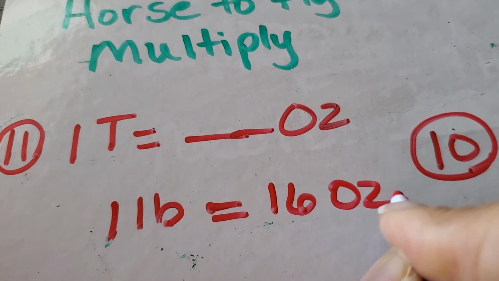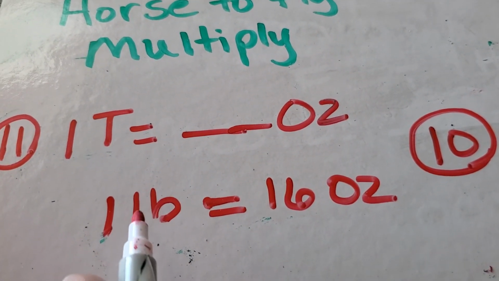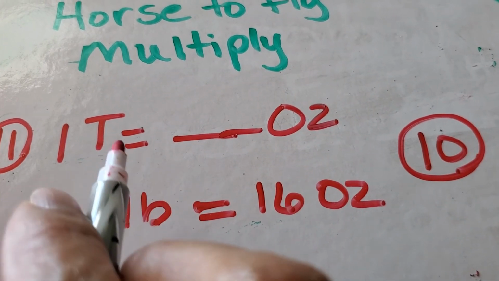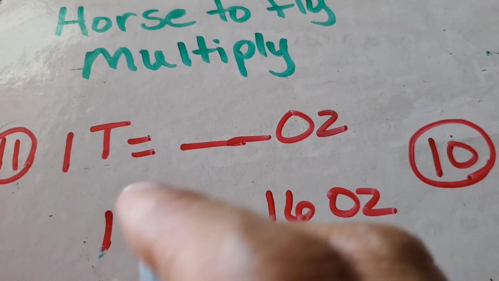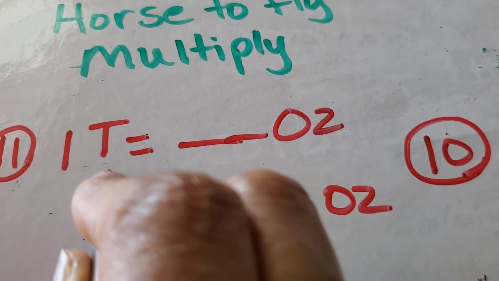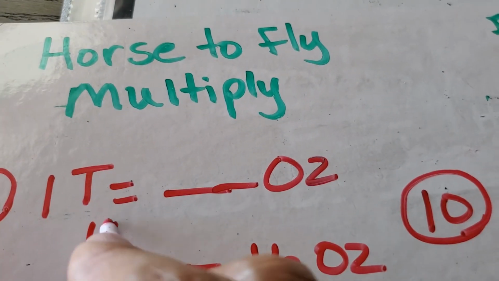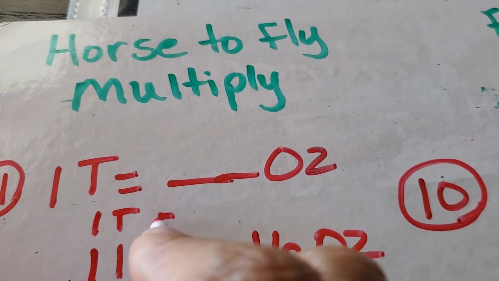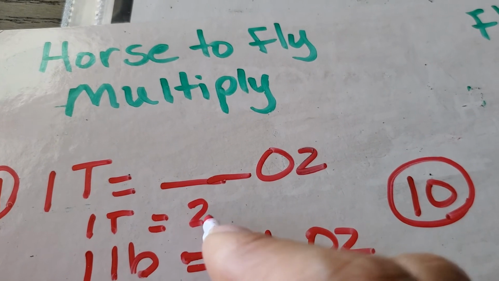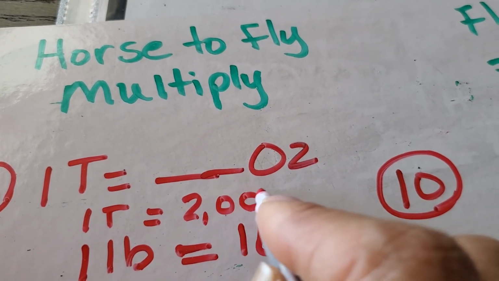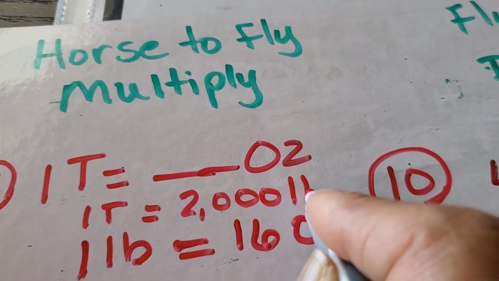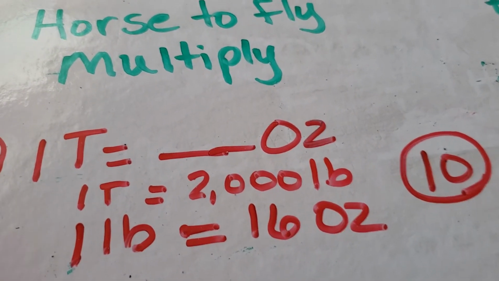Okay? So I know if 1 pound equals 16 ounces, I also know that 1 ton is equal to 2,000 what? 2,000 pounds, right? And we know this is on our chart.